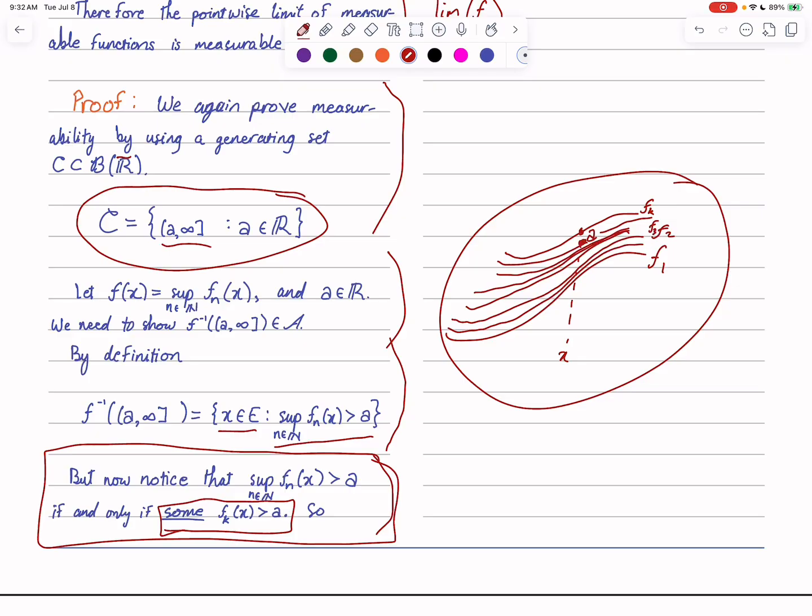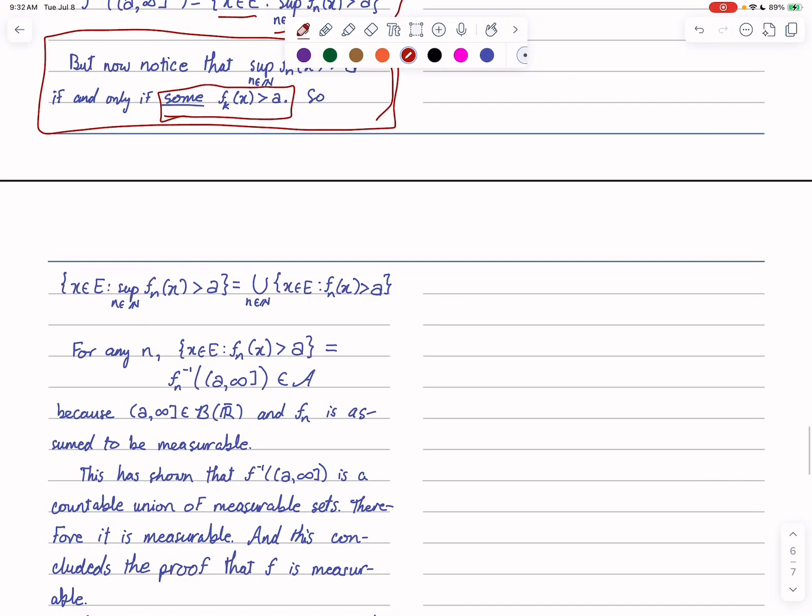Now, that gives a strong hint to a good move to make. Whenever you're talking about there being some such element, you're implicitly talking about a union. After all, what is a union of sets? It's the collection of all points that are in some one of the various things you are unioning. So effectively what I'm arguing is that this set is a union over all n.